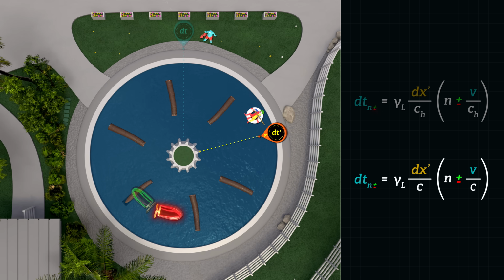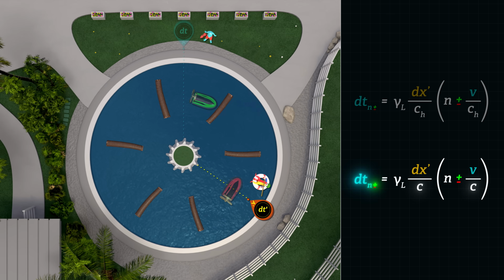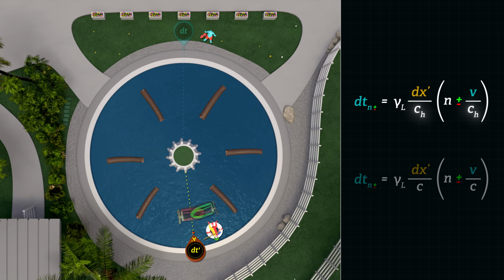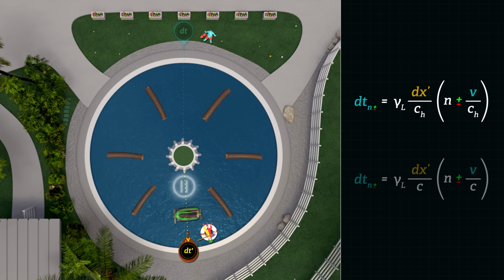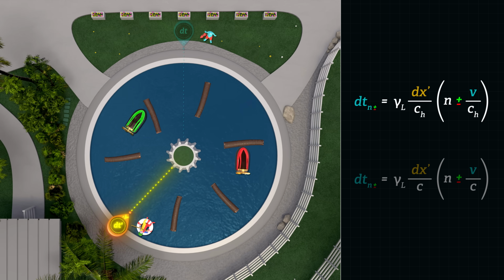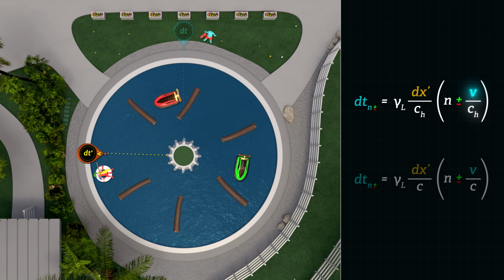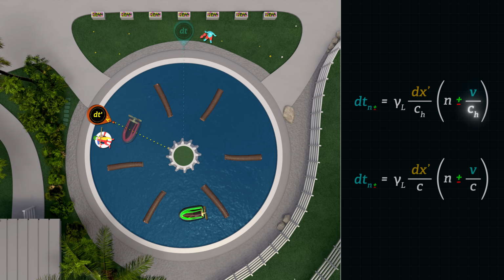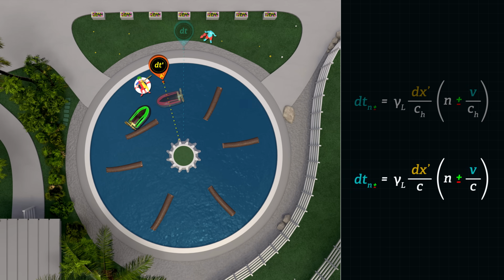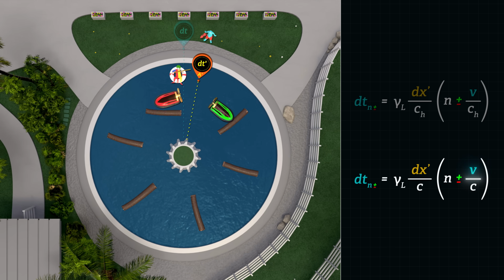Note that in the lazy river analogy, the c terms in the denominators of the dt sub n plus or minus formula will be the speed c sub h of the hovercraft with respect to the land. And so the extra distance and extra time required to reach the floating downstream marker will be in proportion to the ratio of the speed of the river v divided by the speed of the hovercraft, or in the case of a light signal traveling through a moving refractive medium, will be the ratio of the speed of the medium v over the speed of the light signal c.